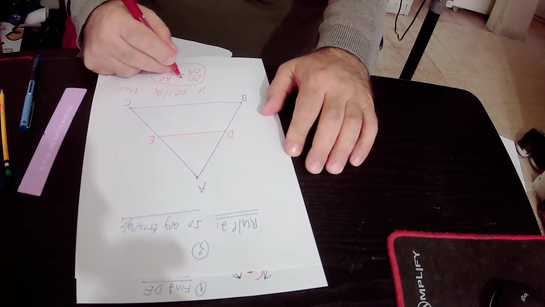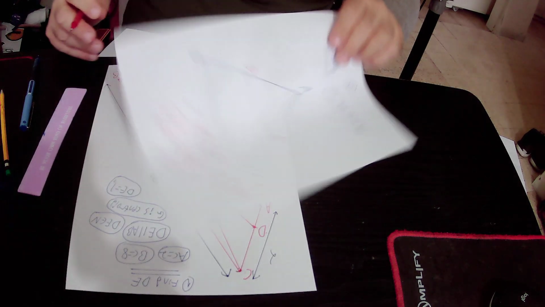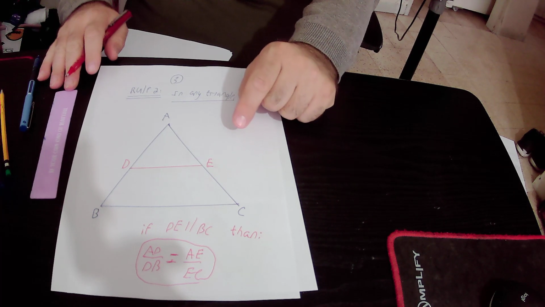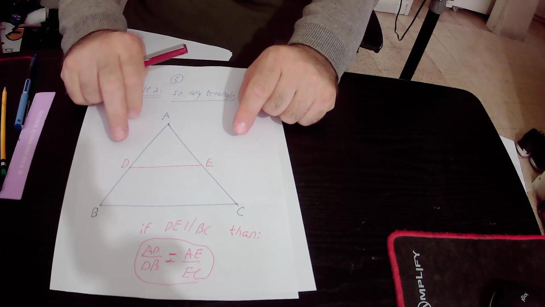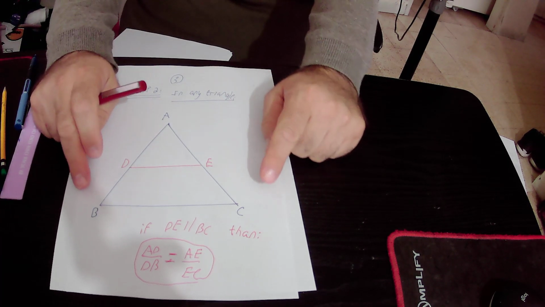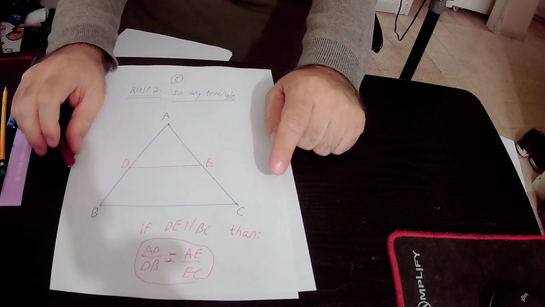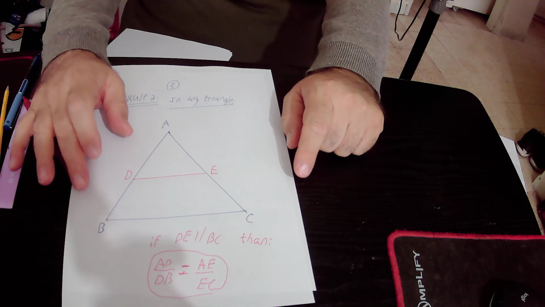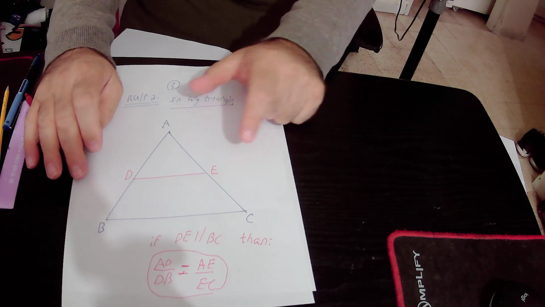I will repeat again. In triangle ABC, that could be any triangle, if we know that line segment DE is parallel to BC, then the following equality is true: AD over DB will be equal to AE over EC.